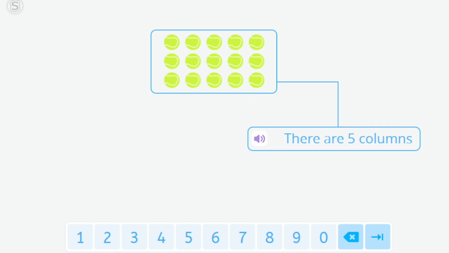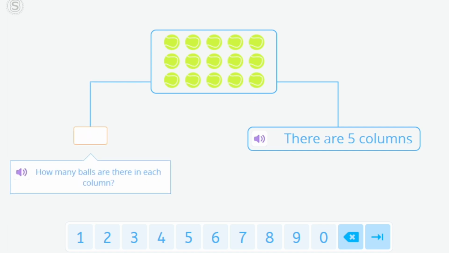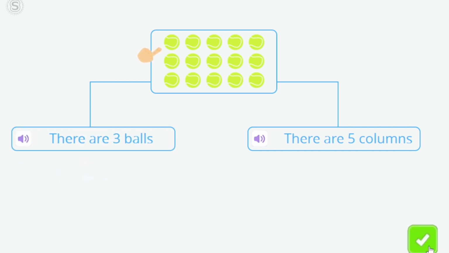Now we're going to count the number of balls in each column. Very good. Just like before, we can add the number of balls in each column. 3 plus 3 plus 3 plus 3 plus 3 to work out how many balls there are in total.